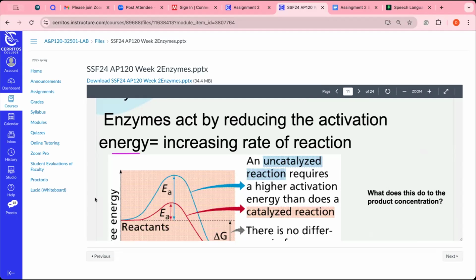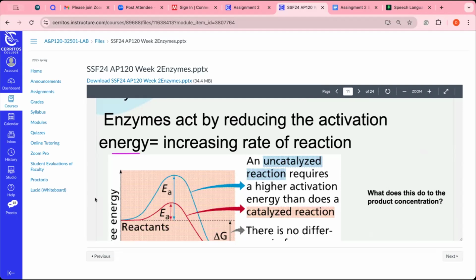This is where the blue curve EA comes in at the top. If you have a catalyzed reaction, then it's going to decrease the activation energy that you need. So an uncatalyzed reaction requires a higher activation energy than does a catalyzed reaction.